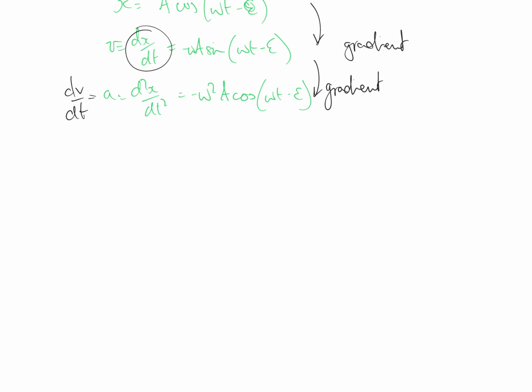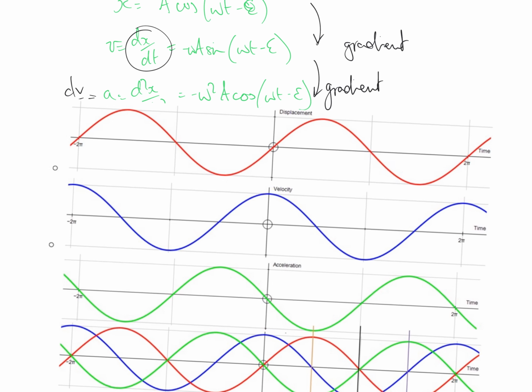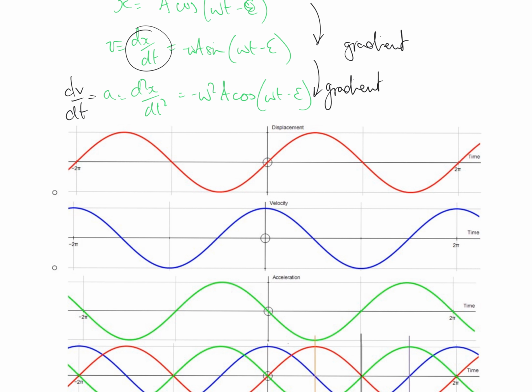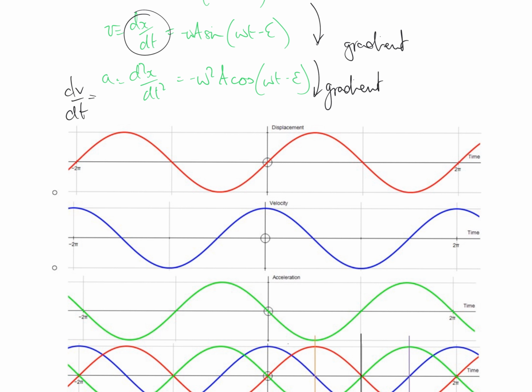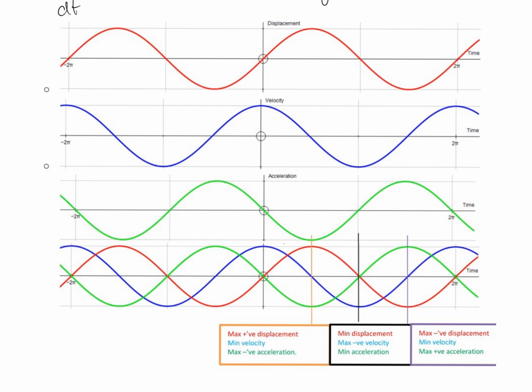What do we have here? Sorry for the shaking. Here is, in effect, my a cosine omega t minus eta.